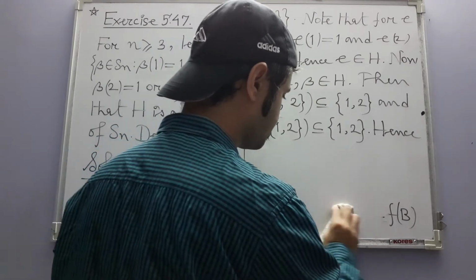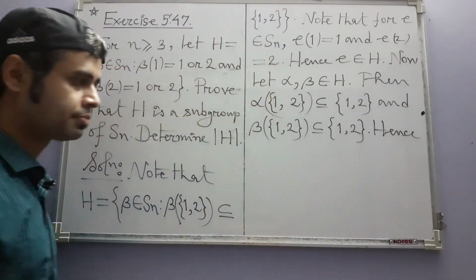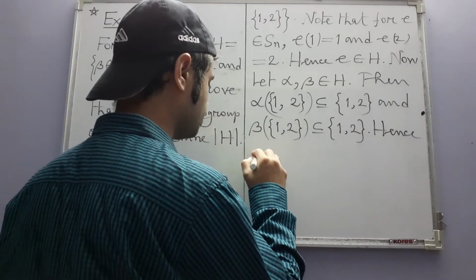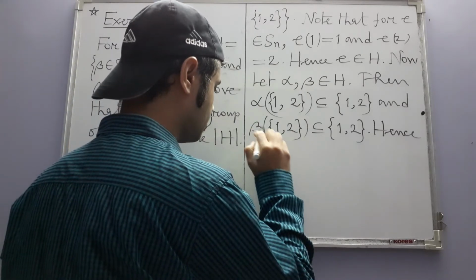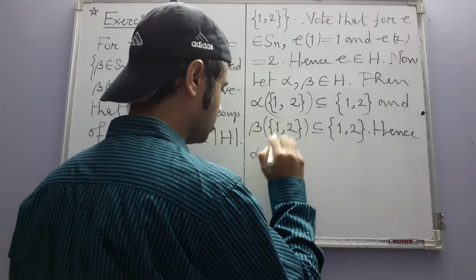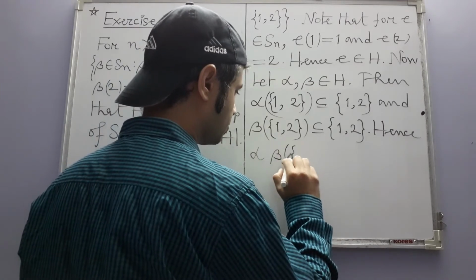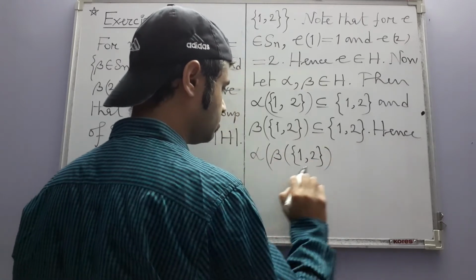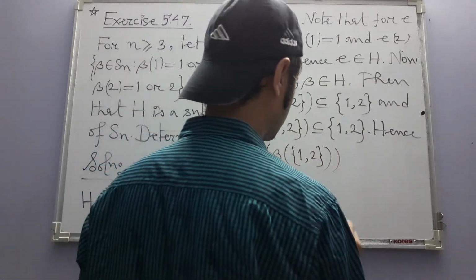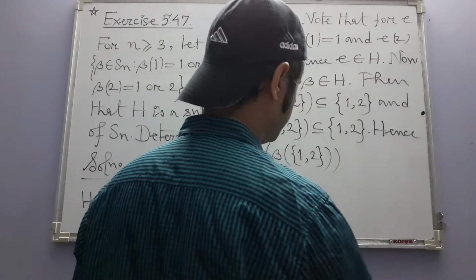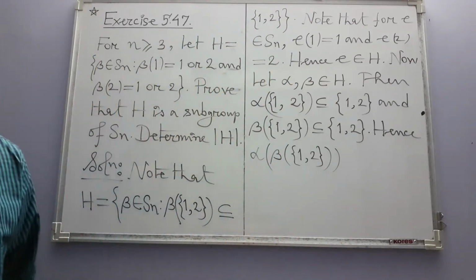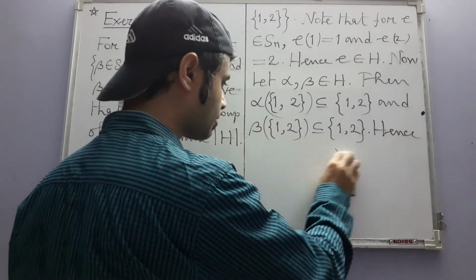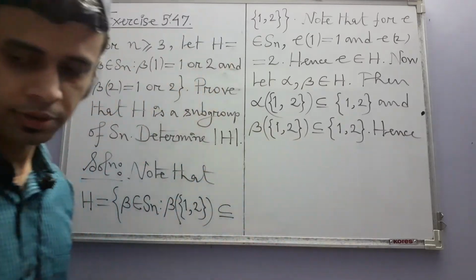Then we get what? Alpha of beta of 1, 2. Let me write one more step so that in this calculation everything is included.